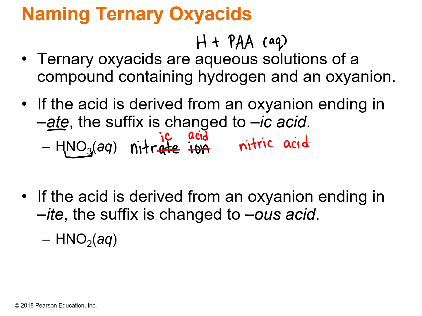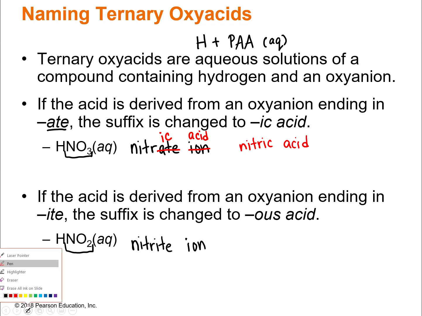We do something very similar if the ending for the oxyanion is ITE. You look up that anion on your chart. It is the nitrite ion. You're going to replace the ITE with OUS.